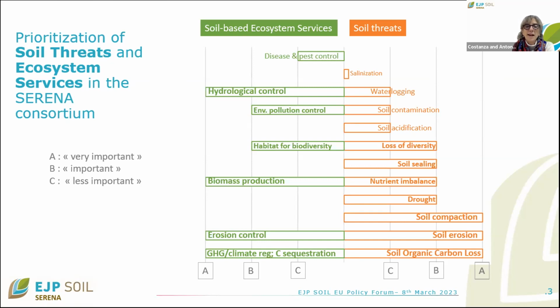So this is the result for the entire Serena Consortium. Can you see my arrow? Some ecosystem services that can actually be considered the 2 sides of the same coin are assessed as very important on average at our consortium level.